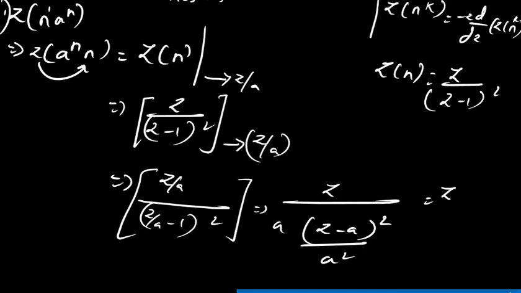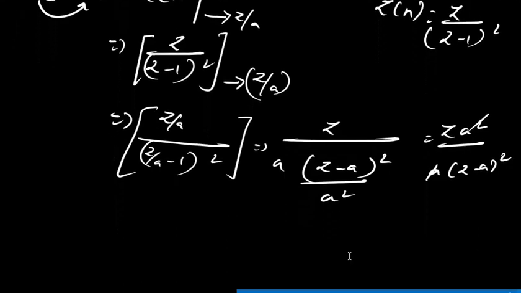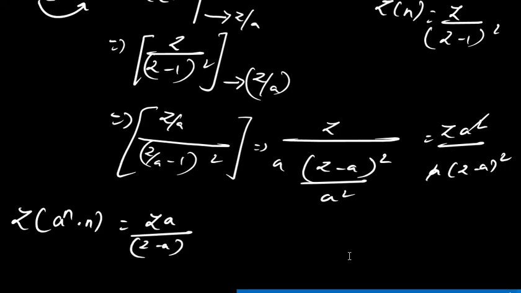So we have z a square by a into z minus a the whole square. One a and a cancel out because of numerator and denominator. So z transform of a to the power n into n is obtained as za by z minus a the whole square.